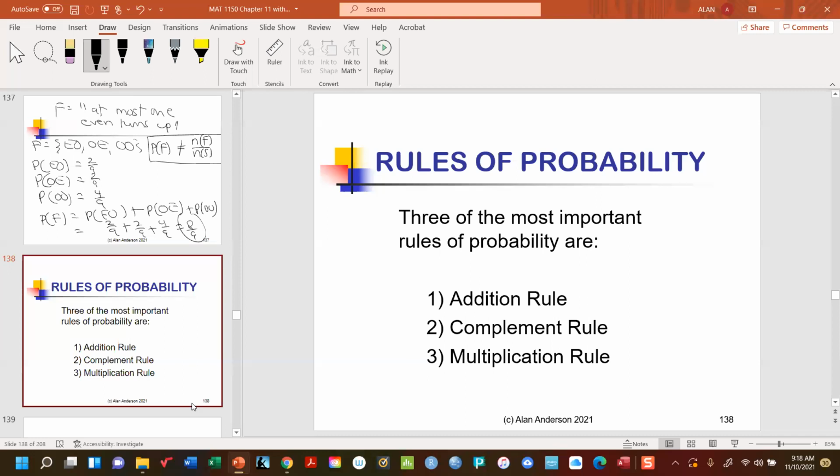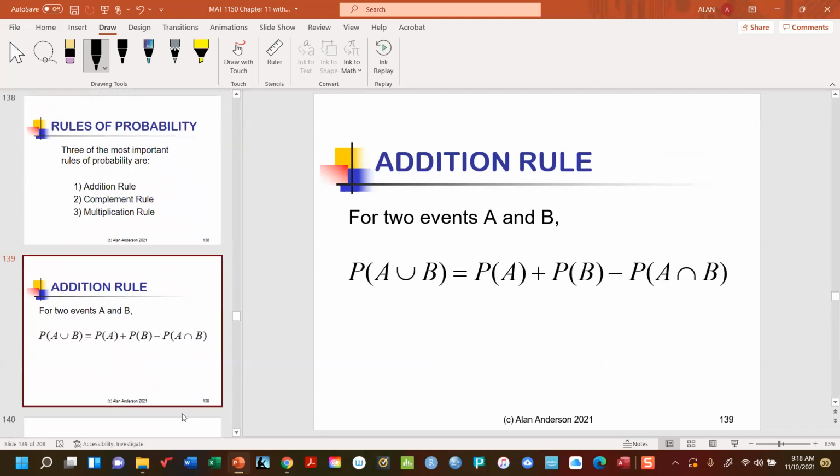Now, the addition rule applies to cases where we're taking the probability of a union of events. So you can see that we're taking a union of A and B and calculating the probability of that union.